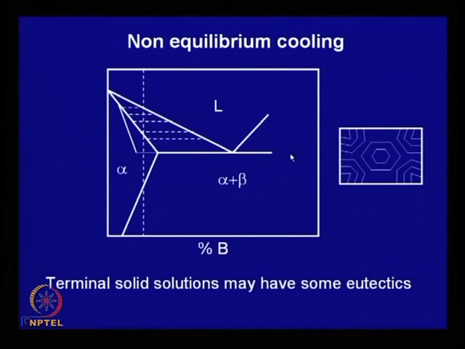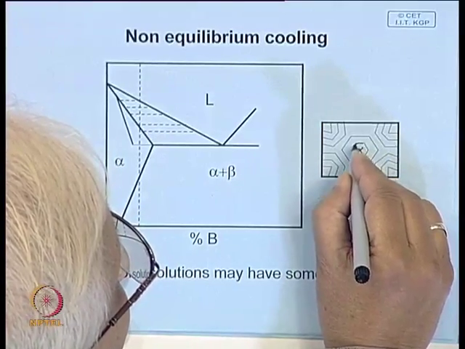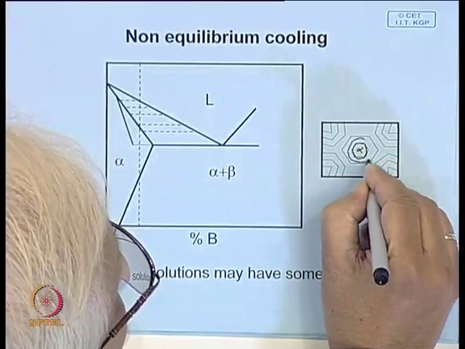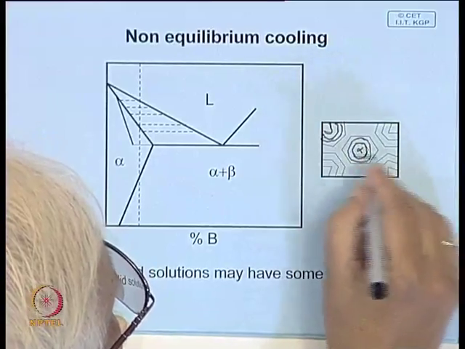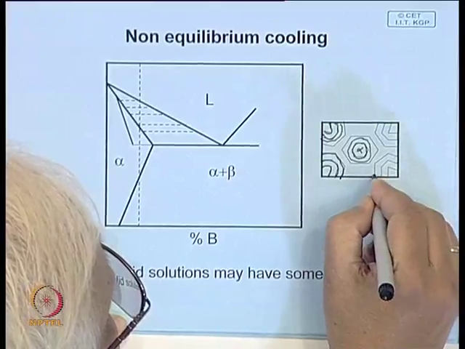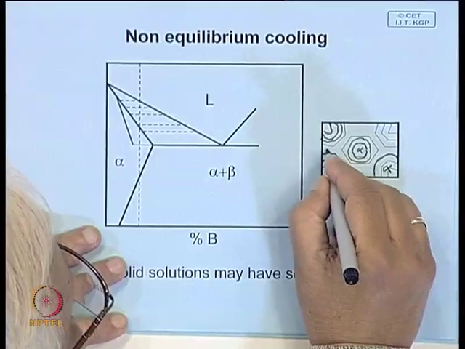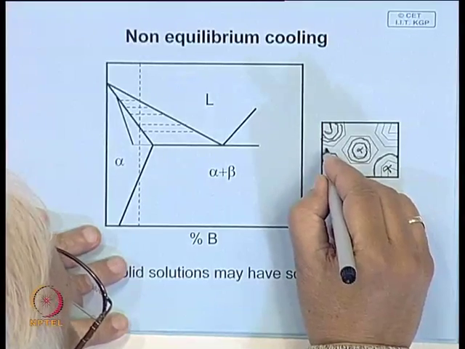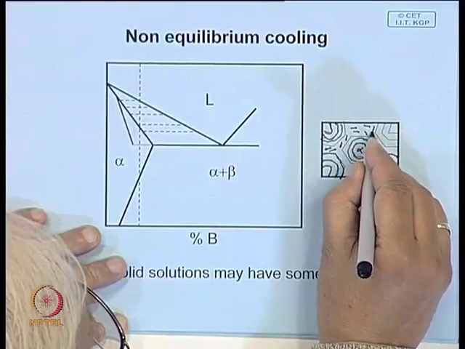So, the structure will have primary cored grains of alpha. This is one grain of alpha, this is another grain of alpha, and these lines are composition contours. Still there is some liquid which will solidify as eutectic, so there will be mixtures of alpha and beta.